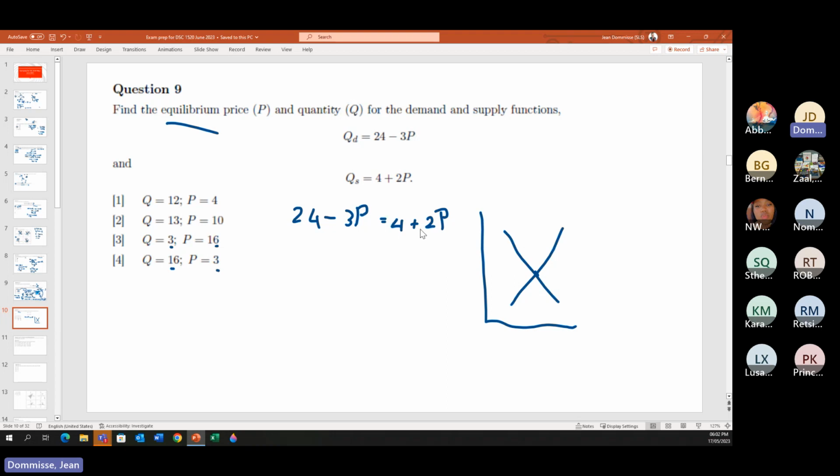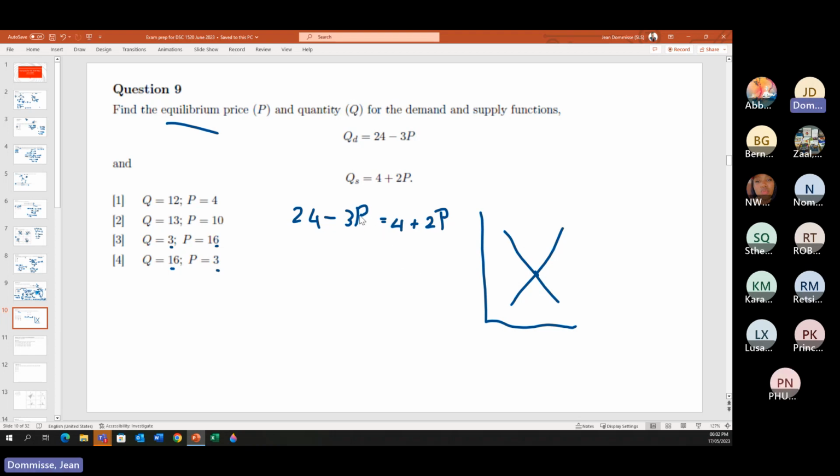Okay, so again, I want to have it easier, so all the p's on one side where it's all positive. So if I take that over to this side, it's 3 plus 2, it's 5p. If I take the 4 over to this side, it's 24 minus 4, which is 20. So p is equal to 4.